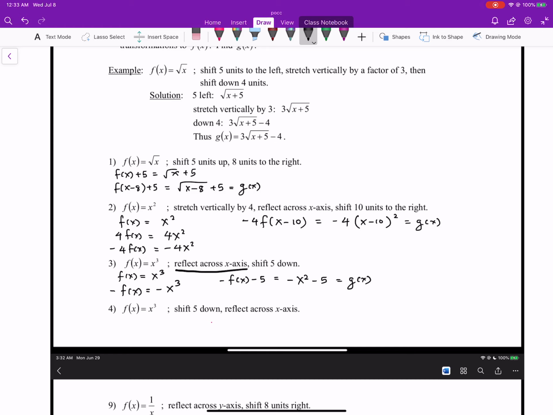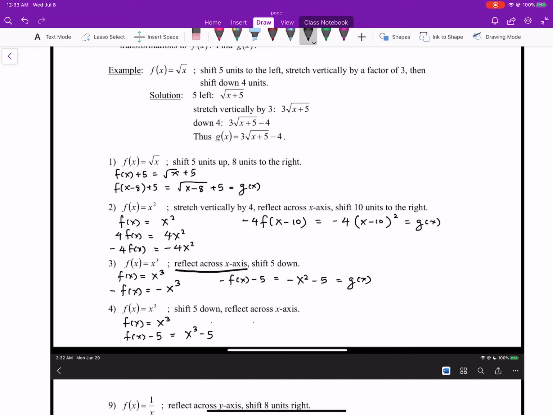And then I have the function again, f of x is equal to x cubed. And if I shift down by 5, this is saying do f of x minus 5. I end up getting x cubed minus 5. And then it says reflect about the x-axis.